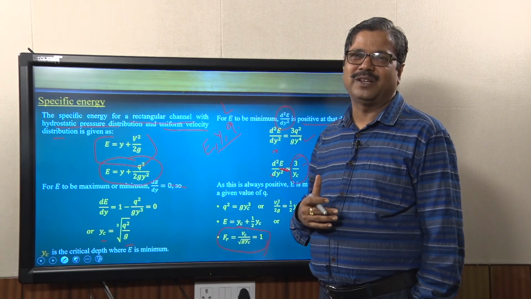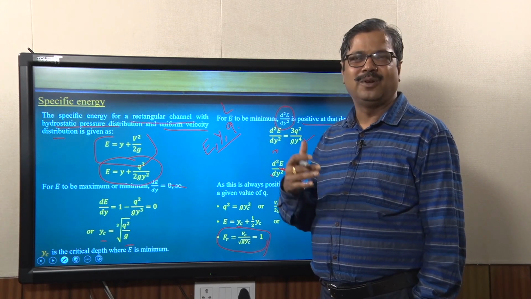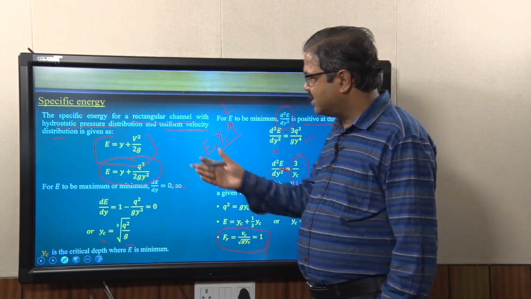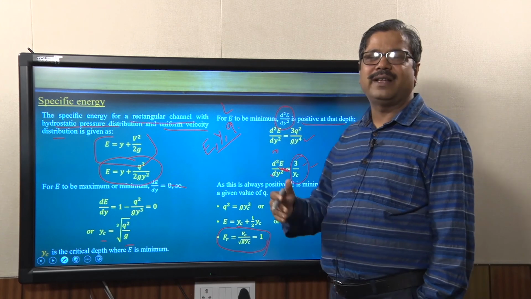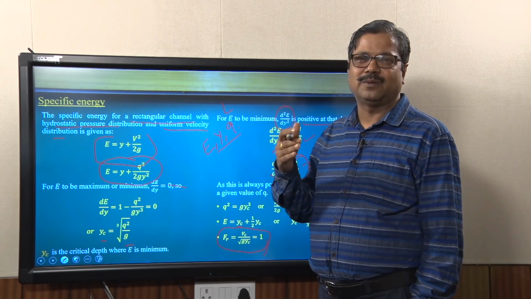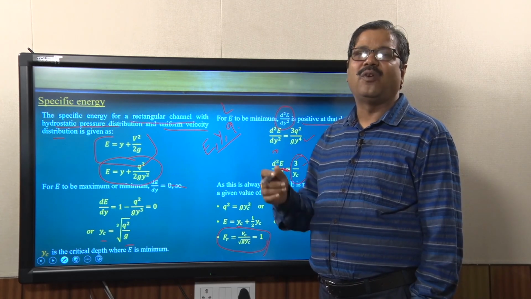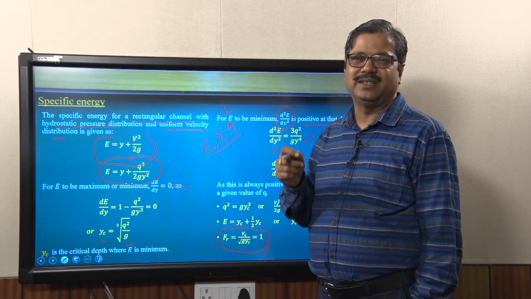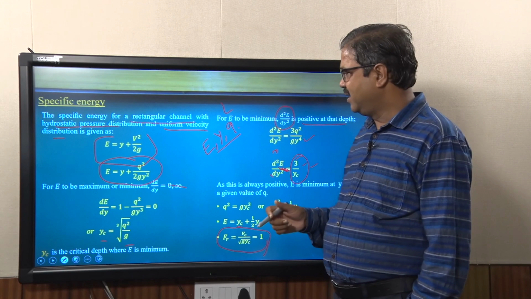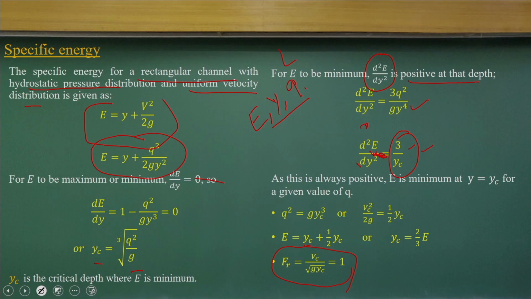Graphically, we presented this in the specific energy curve. This is just the mathematical form. When you draw a specific energy curve with respect to Y, you find a point where you have minimum energy, because E and Y have a cubic relationship for a constant discharge.